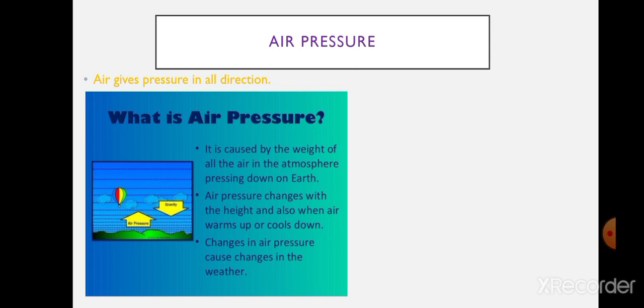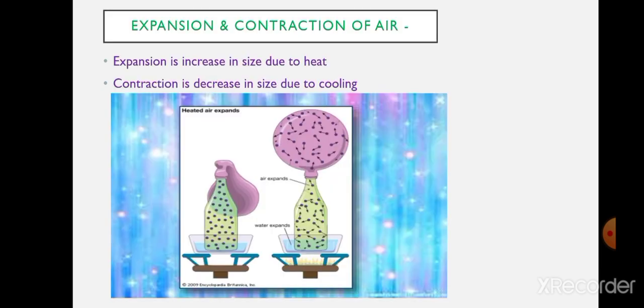But if we make two holes, then through one hole the air enters and pushes the liquid through the other hole. So through this we can see that air exerts pressure. We can do this experiment and prove that air exerts pressure.